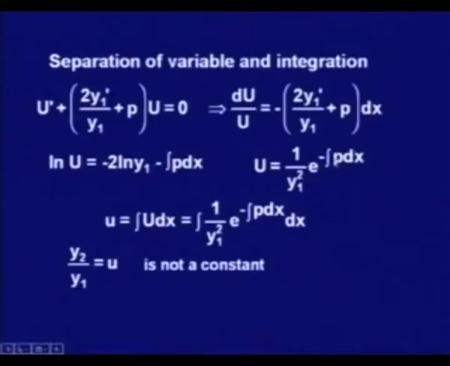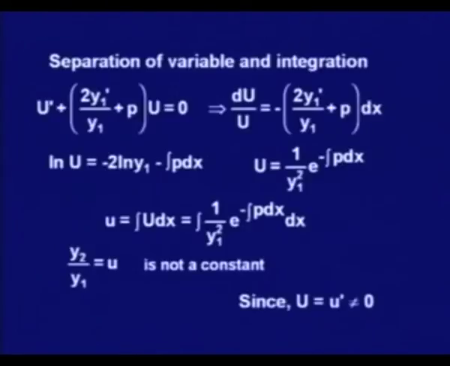Whatever be this p, it may be 0 even, then this exponential function is never 0. That says I will never get this capital U, that is u dash, as 0. Since u dash is not 0, u will never be a constant. Thus, we are getting that y 2 and y 1 would be linearly independent.